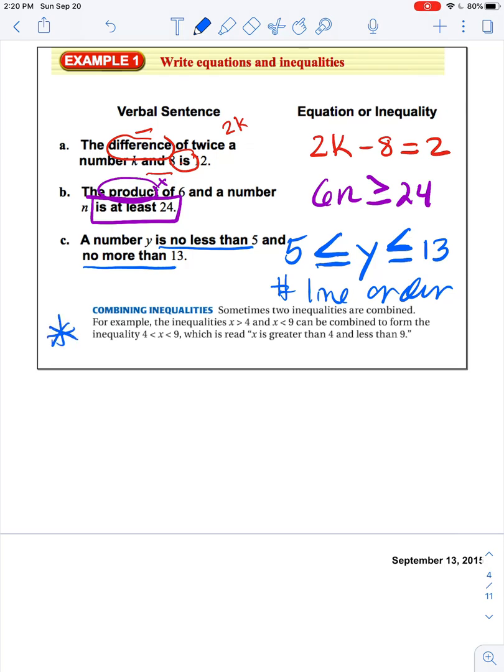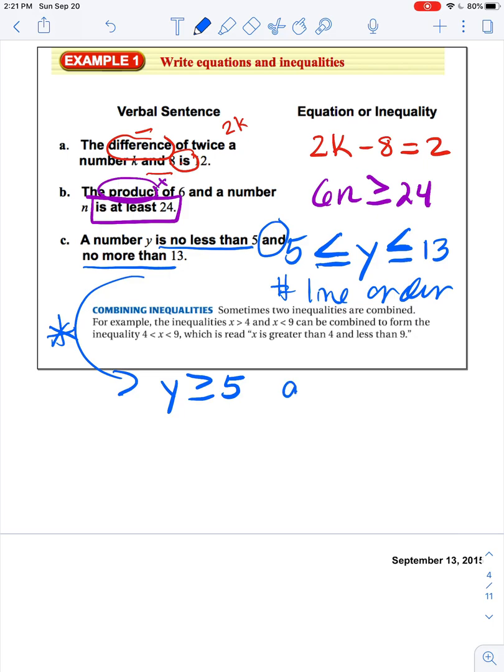That all goes back to this combining inequalities. Sometimes two inequalities are combined. So here where it had to be both things, it had to be this and that. You can write them differently. So another way you could write this, you could have said y is no less than 5. So you could have written it as y has to stay greater than or equal to 5.